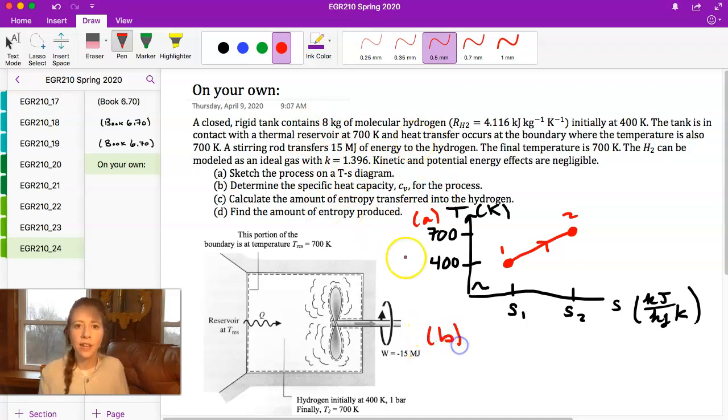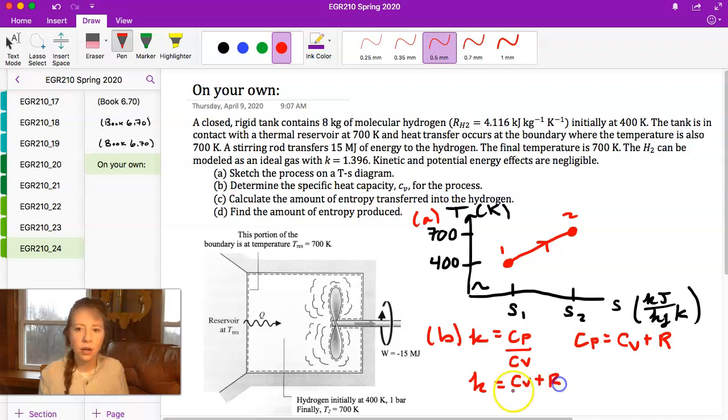So B, we're given k, and remember that k is equal to Cp over Cv. Also, that Cp is equal to Cv plus R. So k is equal to (Cv plus R) divided by Cv, which tells us that Cv is equal to R over (k minus 1).